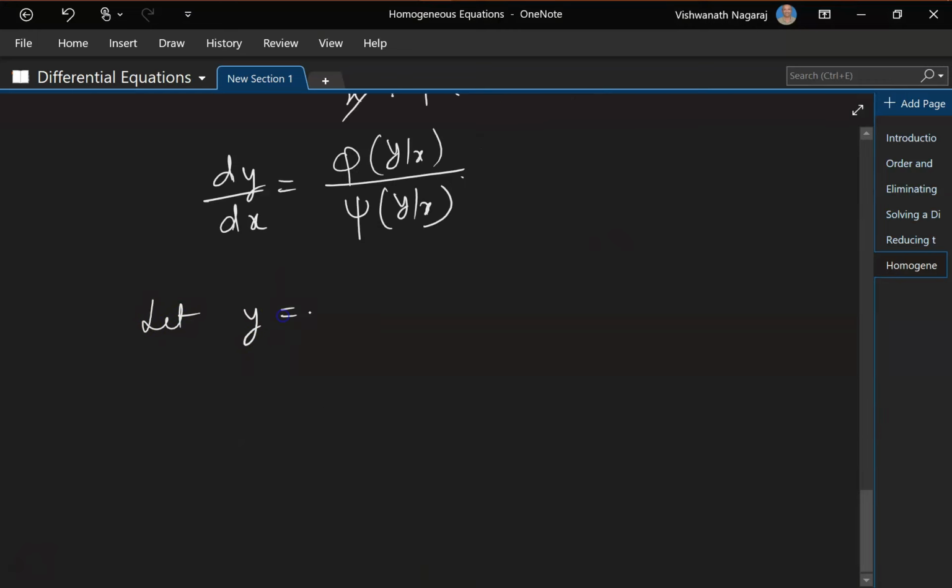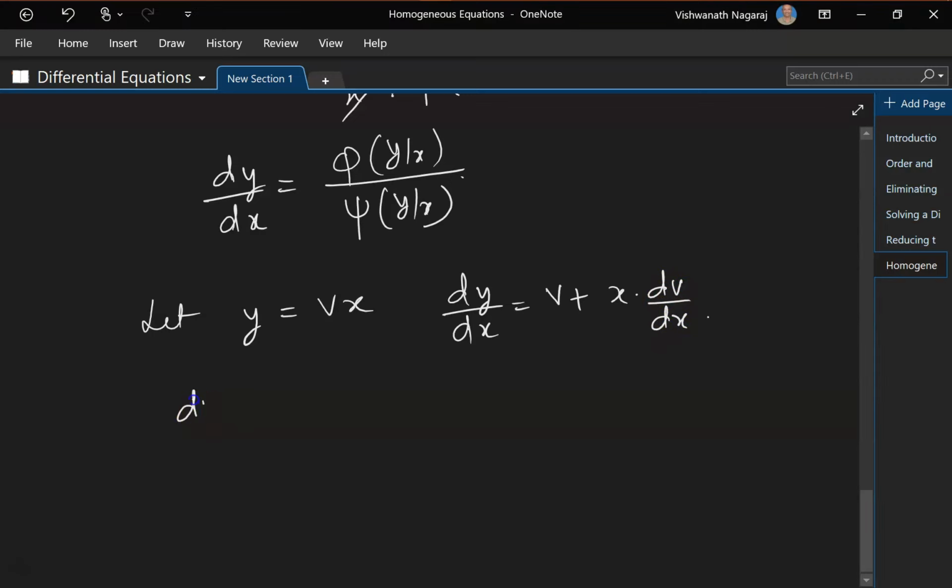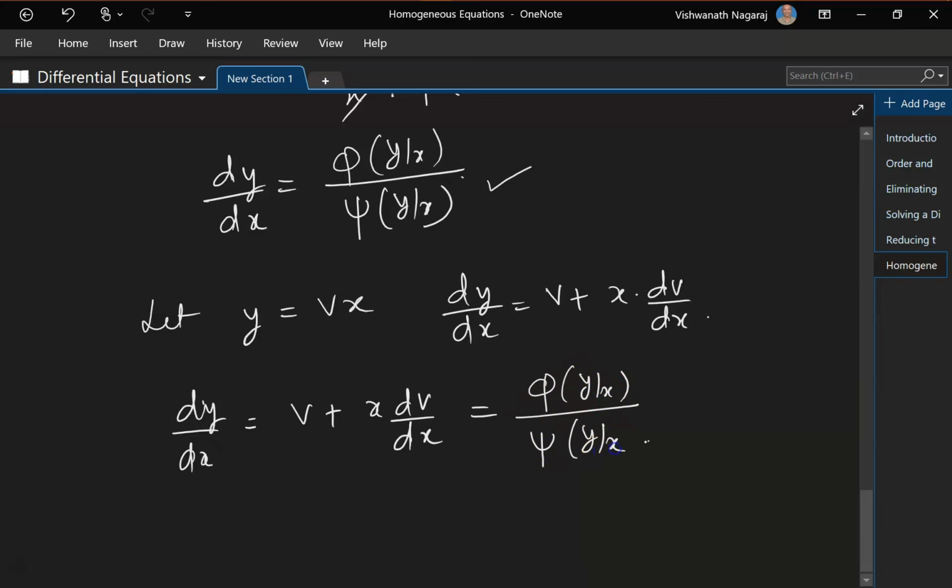Let's do some substitution. Let y be equal to some multiple of x, y equals vx. Let's differentiate it. dy by dx is equal to v plus x times dv by dx. Now dy by dx is nothing but phi of y by x by psi of y by x.